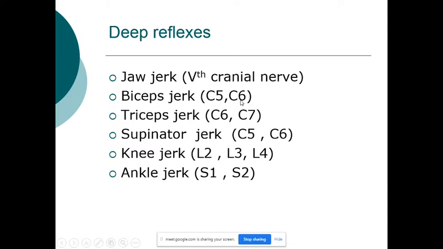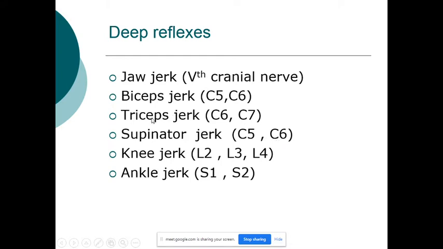If you go back to your anatomy class, you would have learned that the spinal segments are divided: cervical segments named C, thoracic segments named T, lumbar segments named L, and sacral segments named S. In every segment you have these subdivisions. So biceps jerk gets its nerve supply from C5, C6. Supinator jerk, same thing, C5, C6. These values you have to mug up.